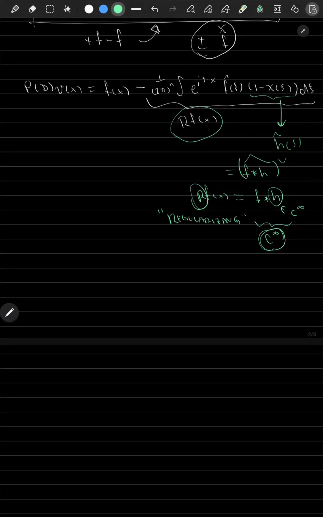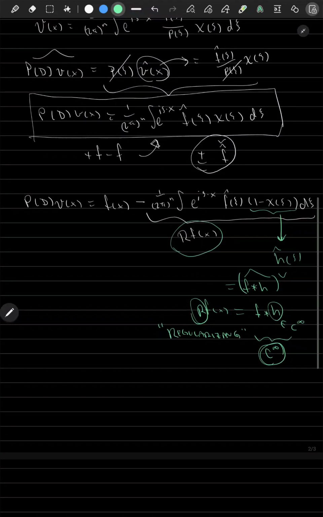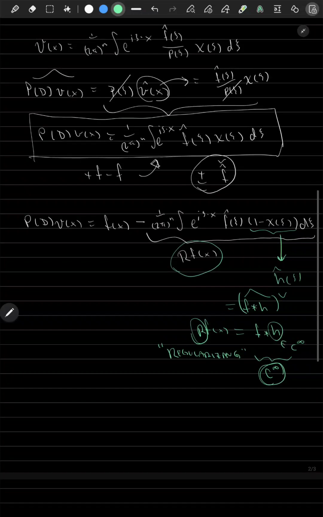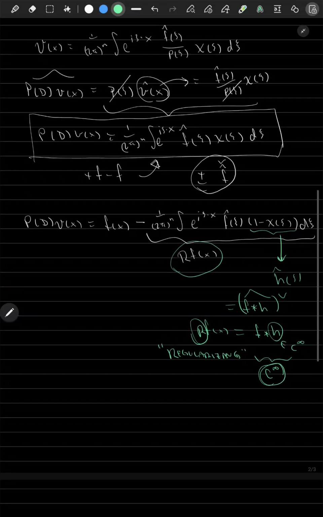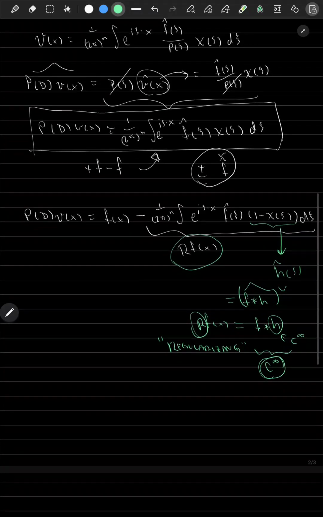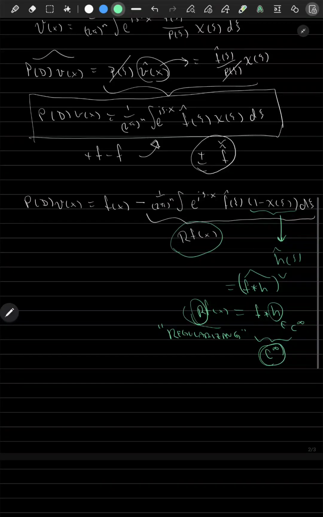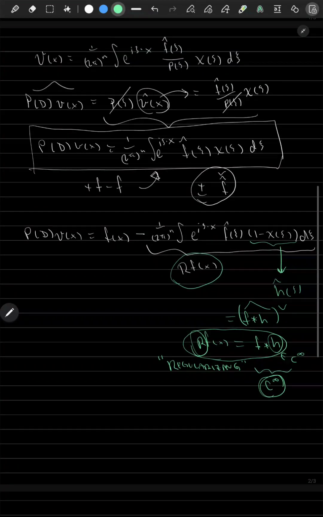Okay, so our error is a regularizing operator on f. What else can we say? So we've written this regularizing operator as a convolution with this h, which is a smooth function.